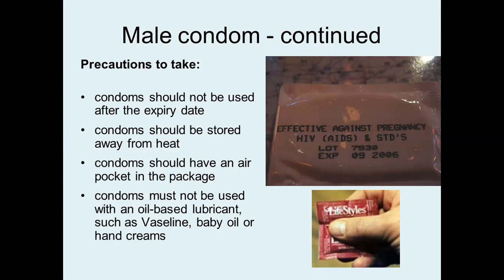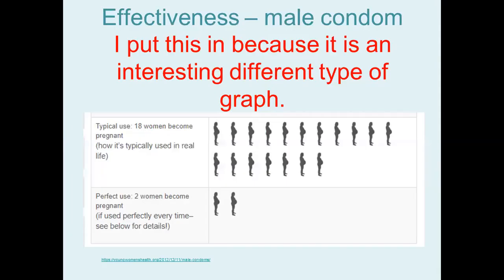So no using a latex condom with Vaseline or baby oil or oil-based hand creams. And I'm sad that we're not doing this face-to-face in class, because I would have shown you what actually happens if you do use an oil-based lubricant on a male latex condom.